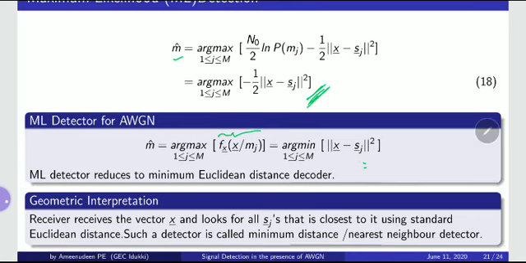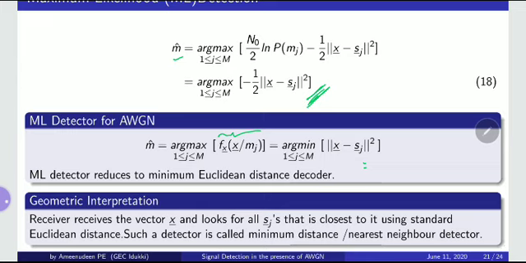So what is the geometric interpretation? We have already discussed it. The optimum receiver receives the vector x and looks for the sj that is closest to it using standard Euclidean distance.